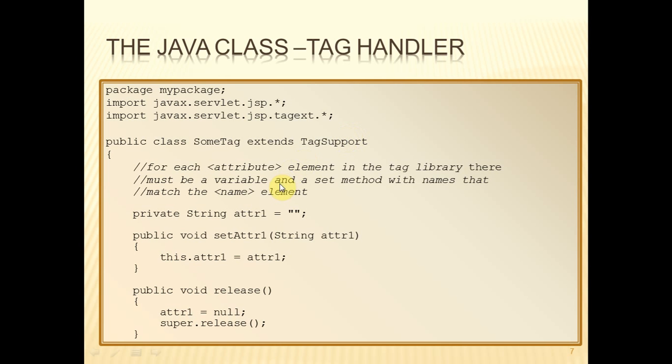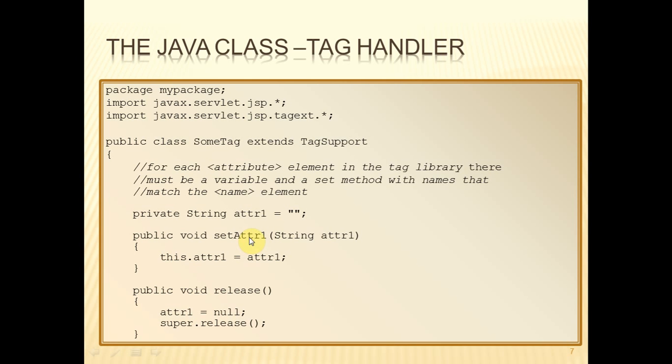For each attribute that is defined in the XML file, in the tag library descriptor, we will need to have a variable that matches the attribute. In addition, we'll need a set method for that attribute.